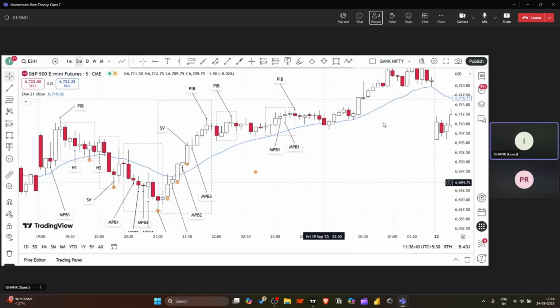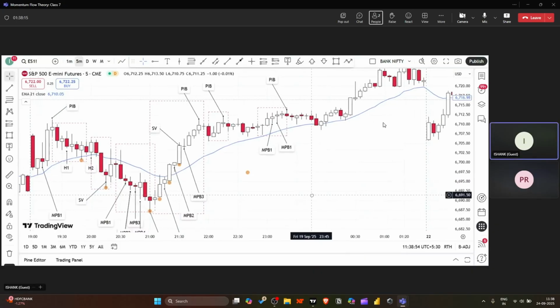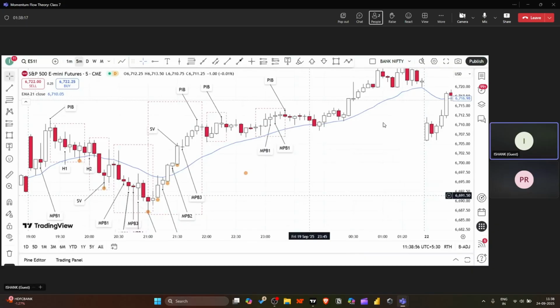You are already taking trades with this on SPY. Even the scale-in trades I started recently.